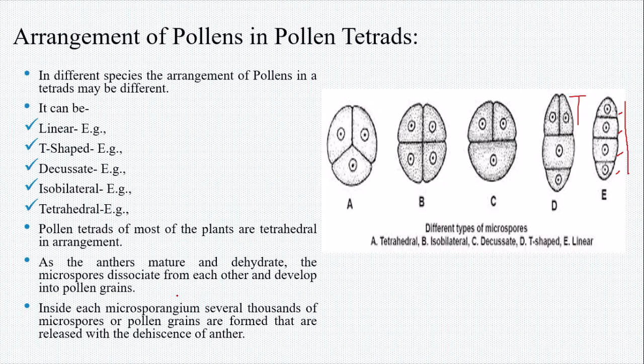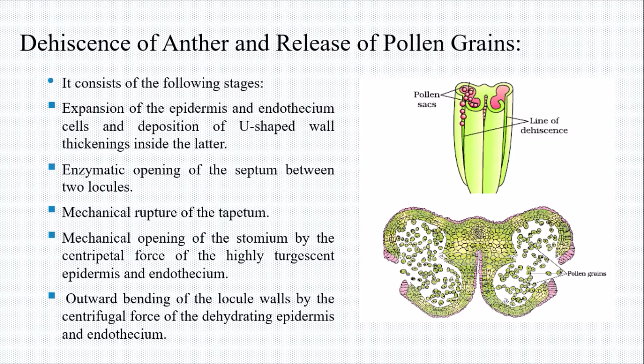So, as the anther matures, it dehydrates, and the microspores dissociate from each other and develop into pollen grains. The process of anther opening, that is the dehiscence of the anther, was followed in different species by means of light and electron microscopical techniques to study how the dehiscence of the anther takes place.